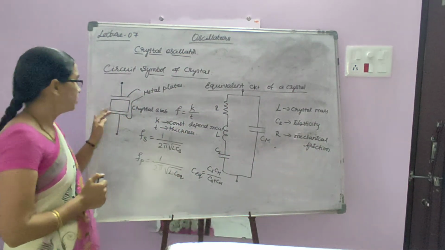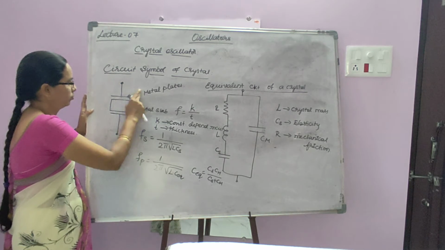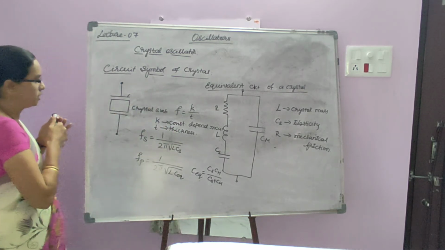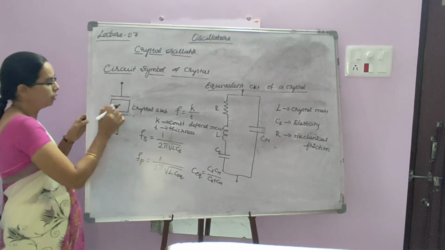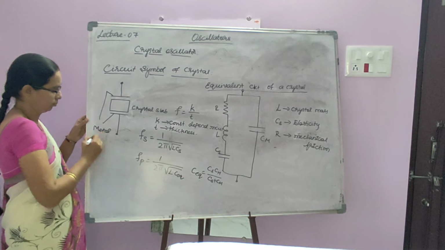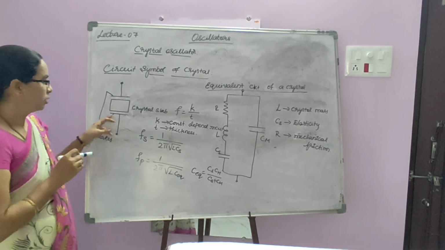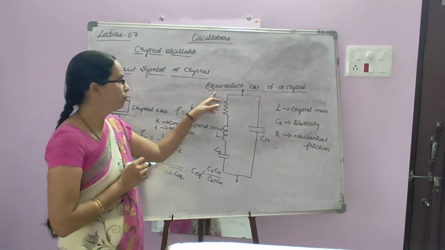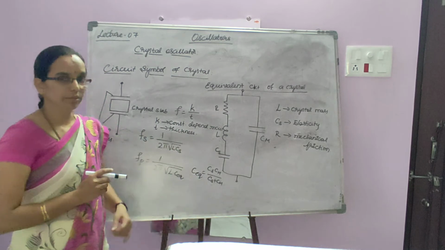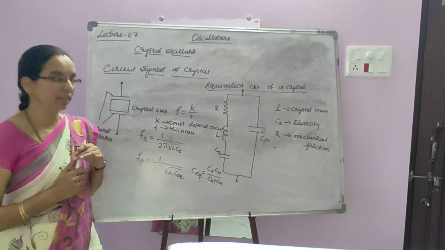Students, this is the circuit symbol for the crystal, where the quartz crystal is suitably cut and mounted between the two metal plates. The equivalent circuit of the crystal is given by the series LCR circuit, which we studied at the beginning.